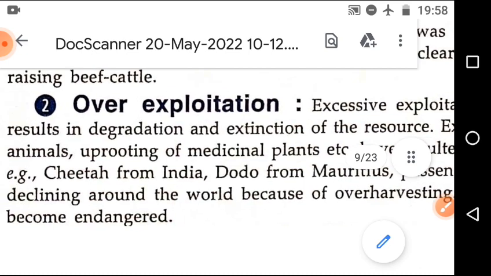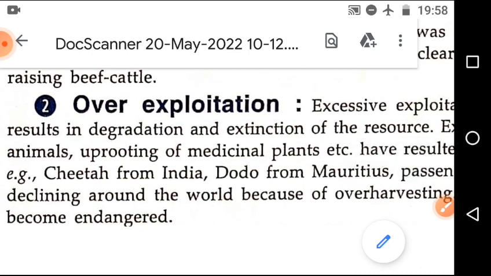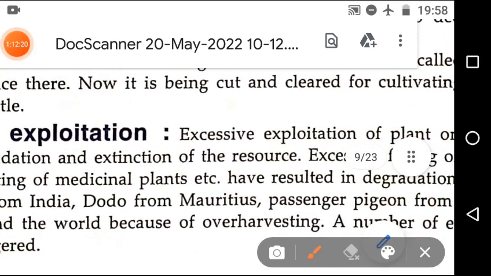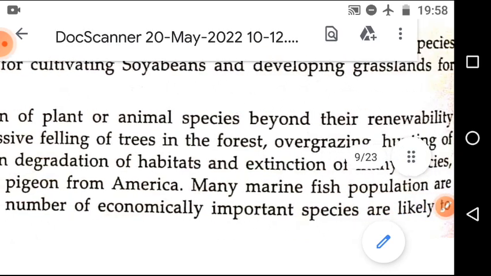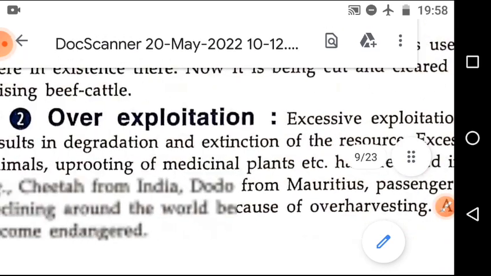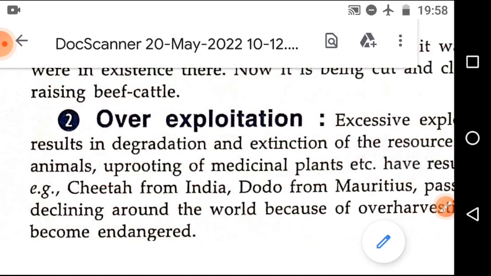Now if you are using too much of that plant and animal to get an outcome from it, to make profit from it, then it leads to extinction of the resource. So again I repeat, excessive exploitation of plant or animal species beyond their renewability results in degradation and extinction of the resource.